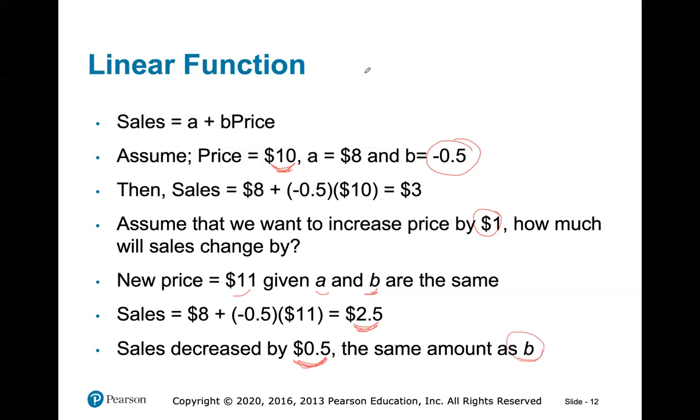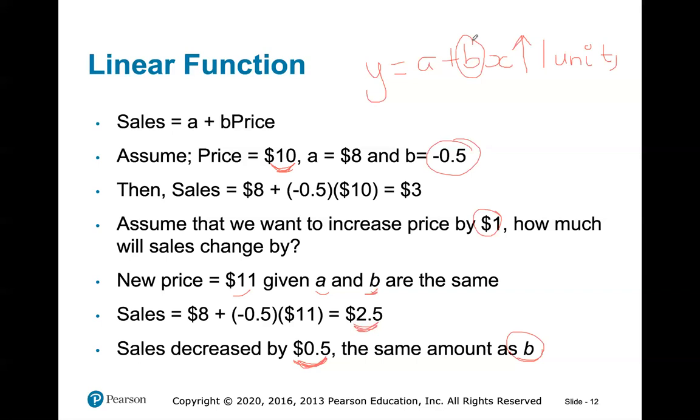Now, this tells us something. Every time you have a linear equation, let's say y equals a plus bx, if x increases by 1 unit, y is going to change by b units. It's always going to be that case every time you have a linear relationship like that.